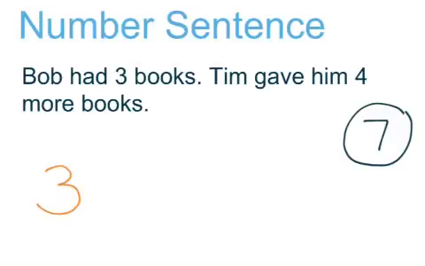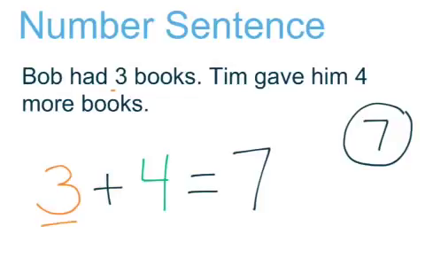Tim gave him 4 more books, so I need to write the number 4. Then I need to represent equals 7, because altogether Bob had 7 books. This would be my matching number sentence. Notice how the numbers I wrote match the numbers from the problem. We teach our first graders to make sure that their numbers match too.